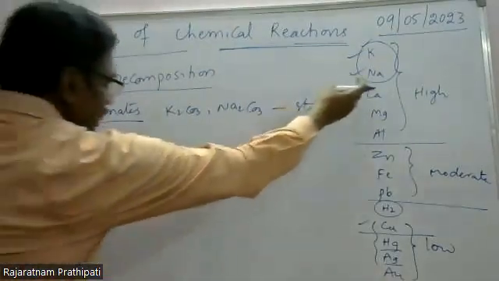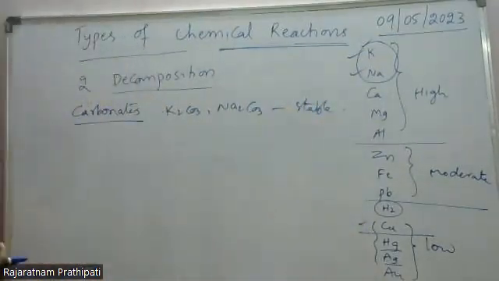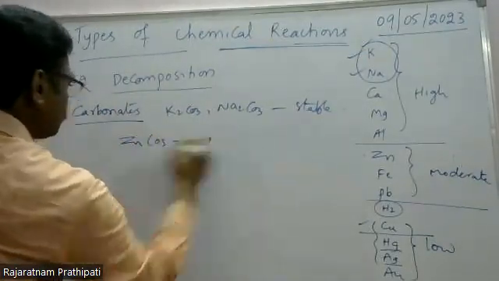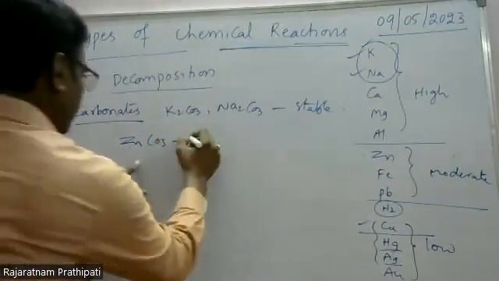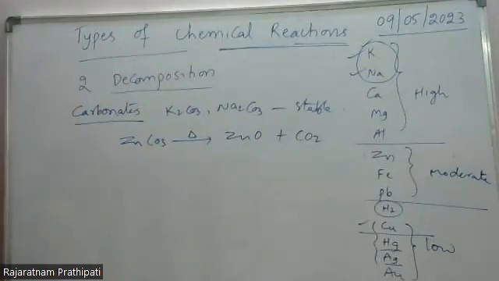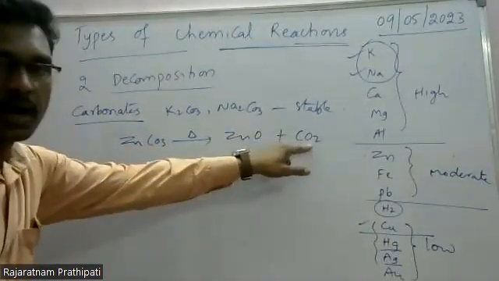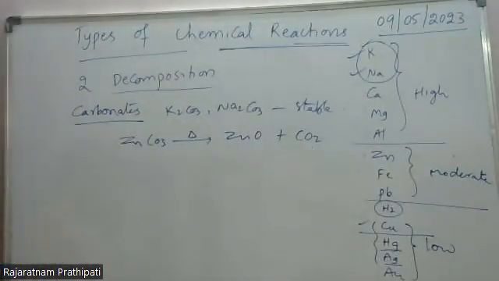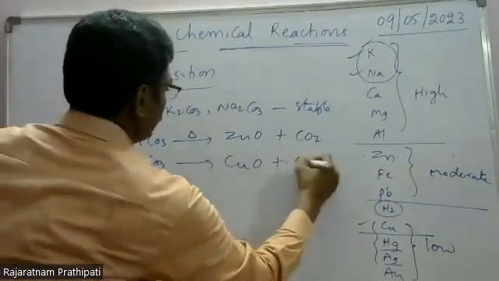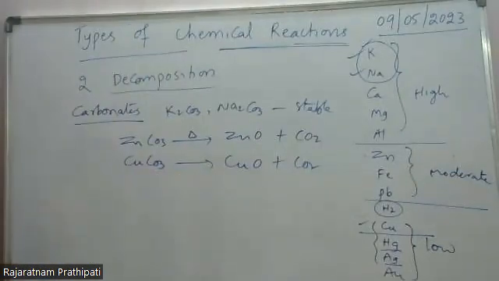But the remaining metals up to copper decompose. Look at zinc carbonate: when we heated, it produces ZnO plus carbon dioxide, metal oxide plus carbon dioxide. CuCO3 gives rise to CuO plus CO2.